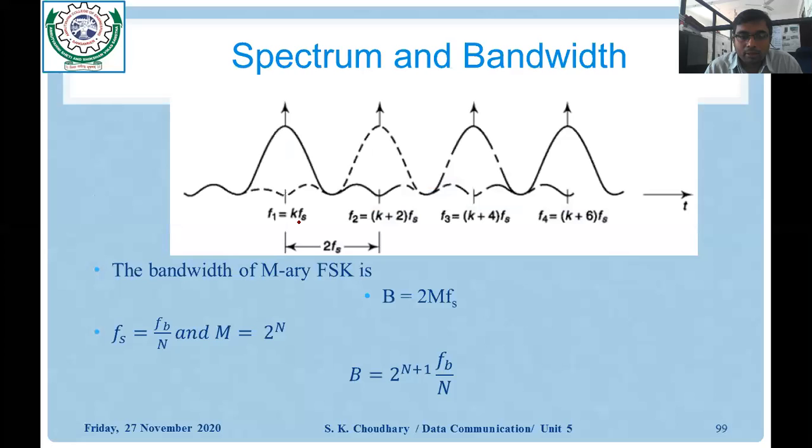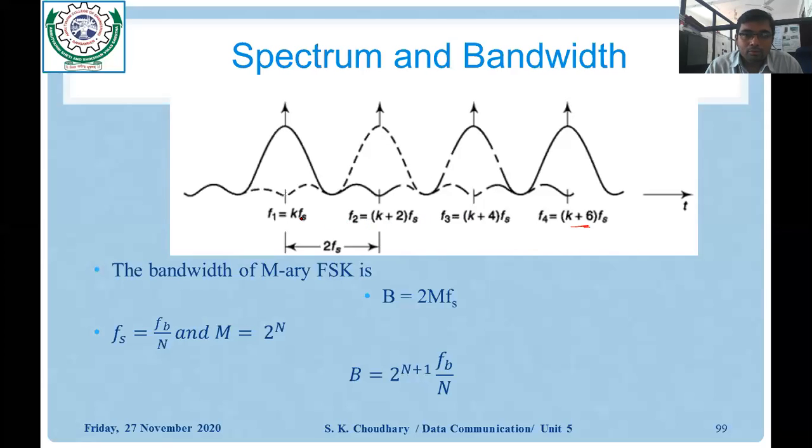F1 is equal to KFS, F2 is K plus 2FS, F3 is K plus 4FS, like this. The center frequency increases, and the coefficient increases by 1 with the suffix.